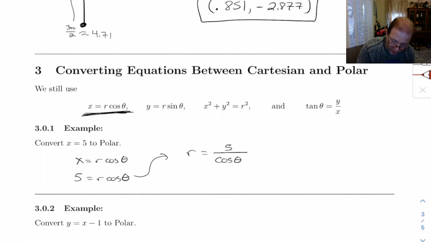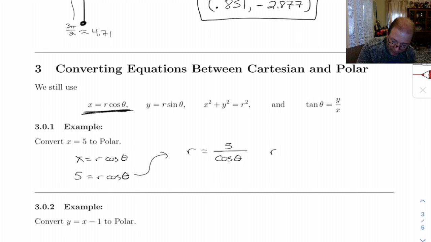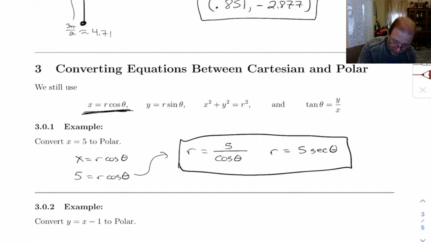And that's it. We could leave it like that, or we could write it as r equals 5 secant theta. Either one of those is perfectly good.